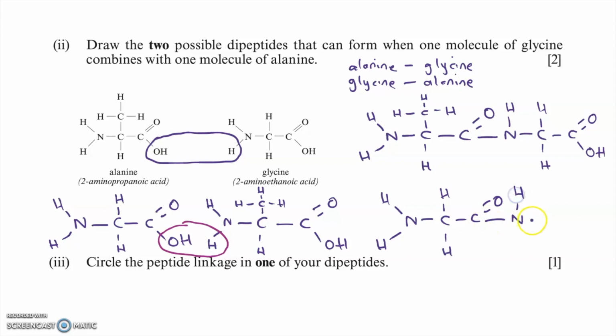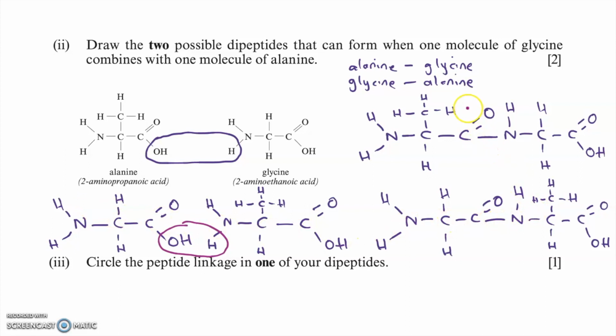That is bonded to a C double bond O, which is bonded to an NH. And then we have a carbon, which is attached to a CH3, a hydrogen, and a C double bond O, OH. And that is my second dipeptide, where we have glycine attached to alanine, and glycine is my first amino acid and alanine is my second.